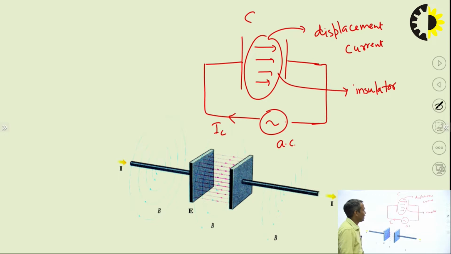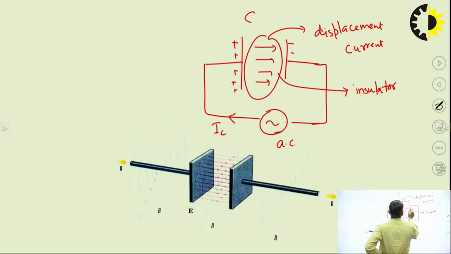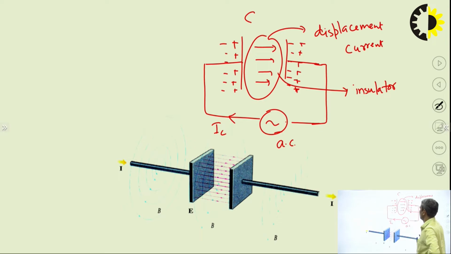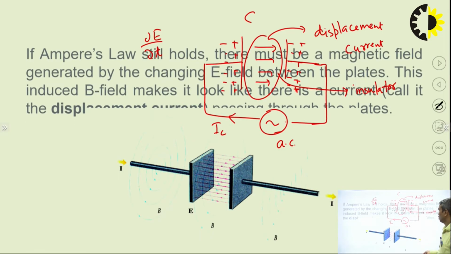So Maxwell explained that because this signal is AC, the charge is sometimes positive and sometimes negative, and its magnitude also fluctuates, so the electric field changes with respect to time. So Maxwell related this displacement current to the changing electric field.